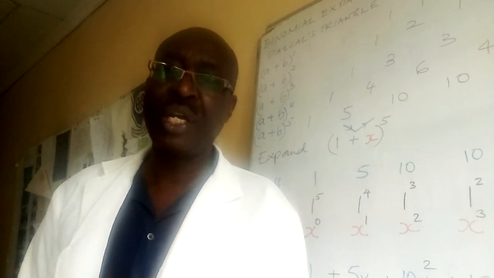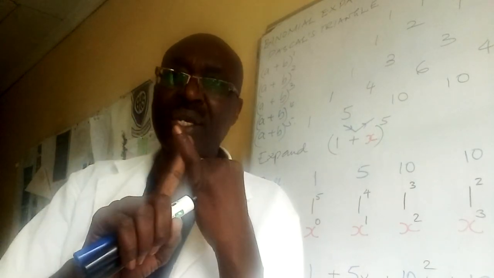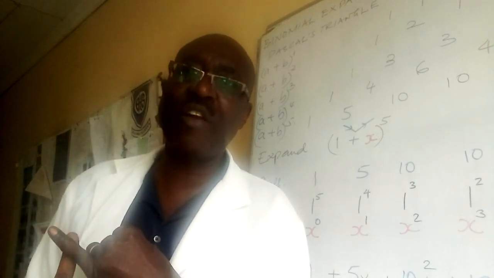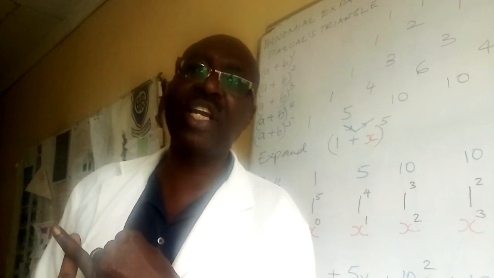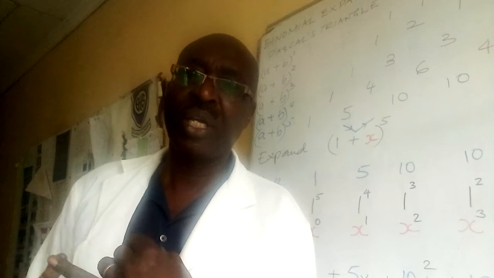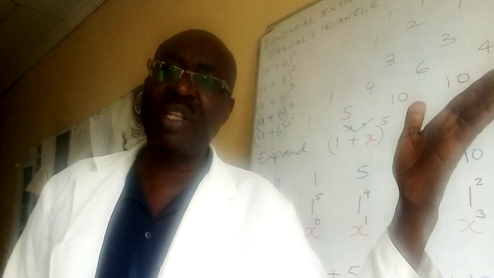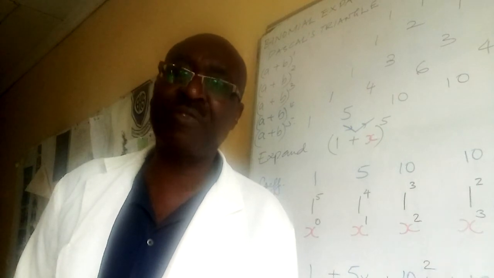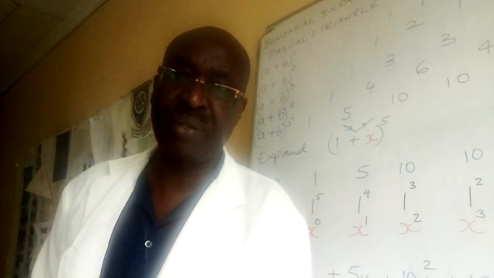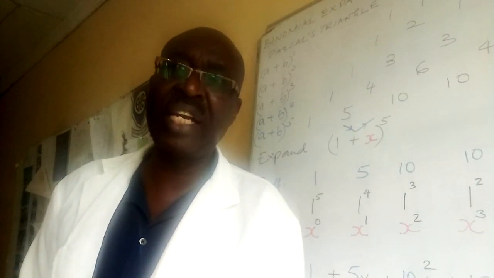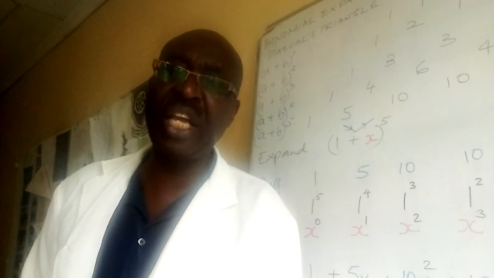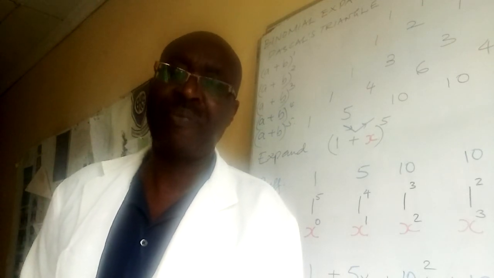What do you need to understand? One, there are coefficients that have already been given in the table. Number two, the powers of the first term decrease from highest to lowest, by 1 in each subsequent term.